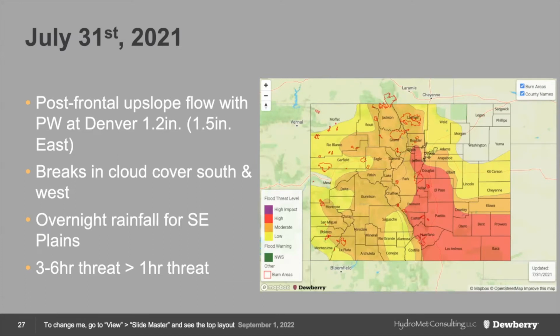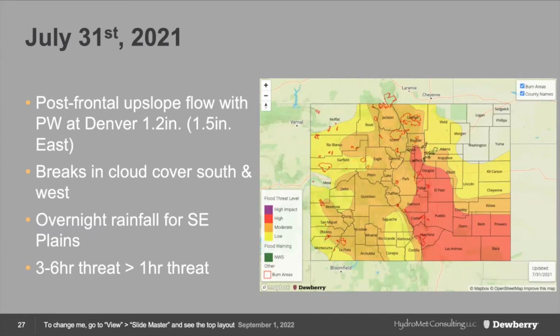southeast Colorado, and a general moderate threat over the higher terrain along and west of the Continental Divide. And this was a day marked by essentially ample moisture with 1.2 to 1.5 inches of precipitable water, which is basically near the record values for that time of year.